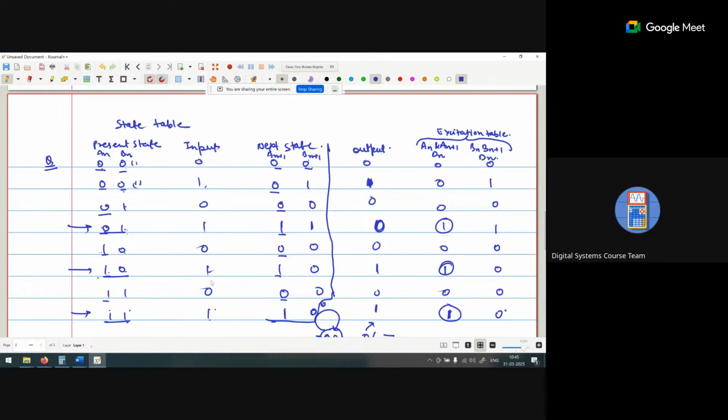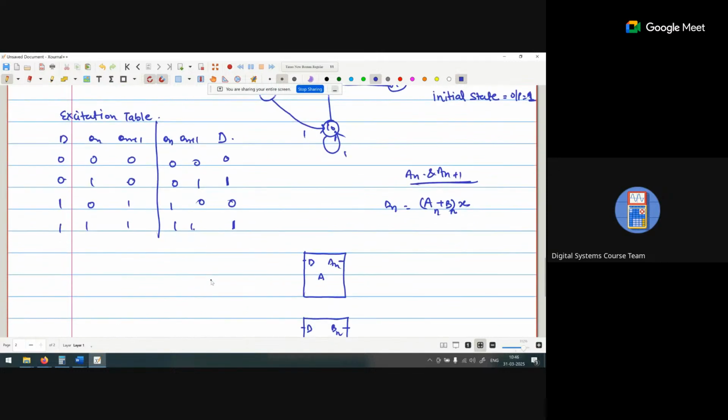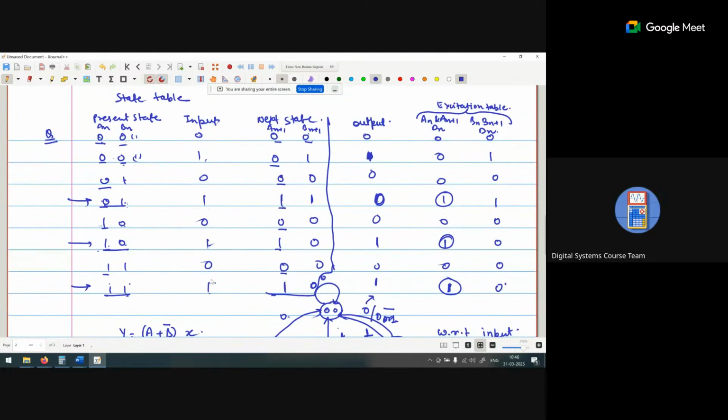Okay, and when we draw with respect to the Bn and Bn plus 1, what is the Dn here and here? So that's in this condition and this one.